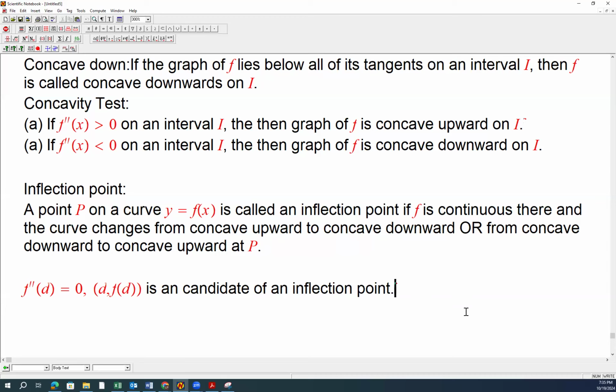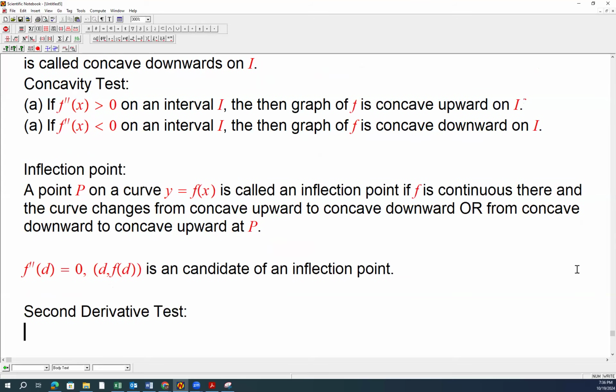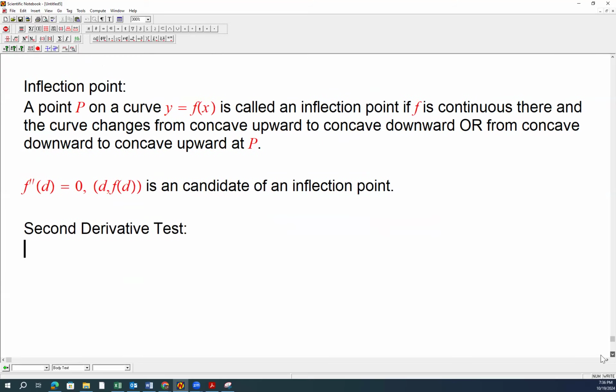Before we go on, let's look at another test for local max, local min, and we call it the second derivative test. The second derivative test is much shorter than the first derivative test.